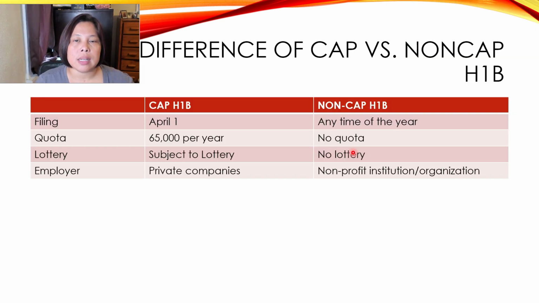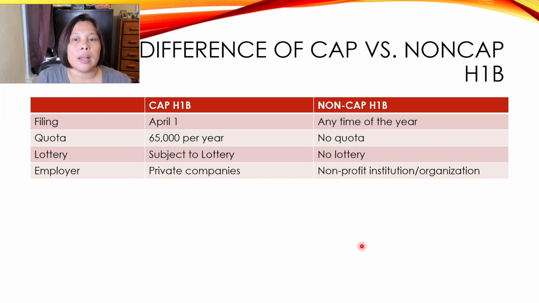So let's discuss very simply the difference between the cap versus non-cap or cap-exempt H1B working visa. The filing date for cap H1B is April 1st every year. Non-cap can be filed any time of the year. It doesn't matter what time of the year, they can file it anytime. Quota, that's why it says cap H1B, there's a quota of 65,000 per year.